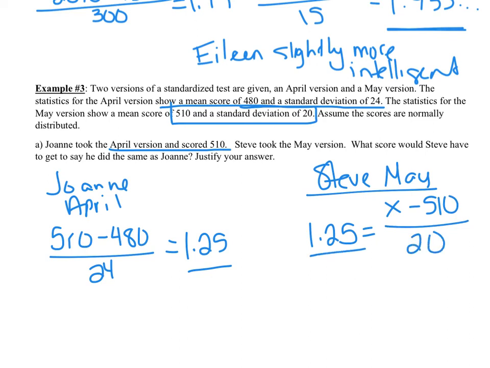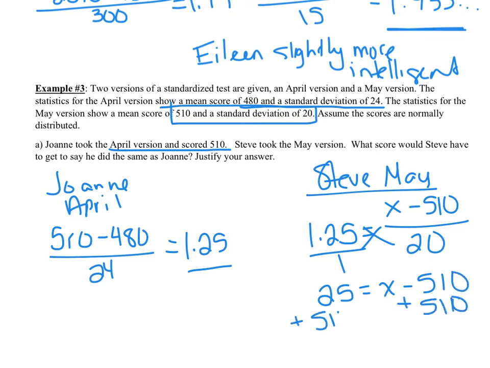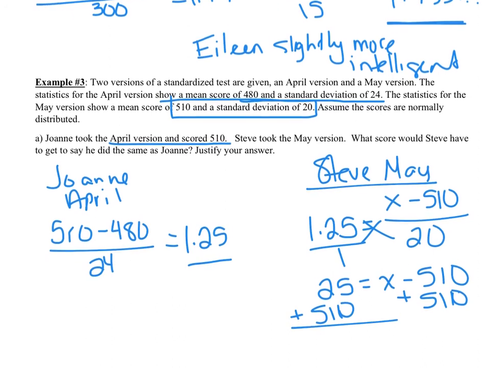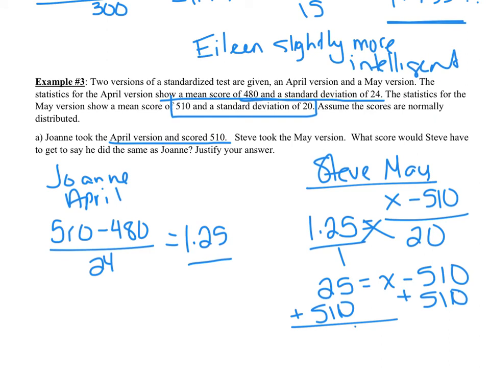The easiest route is just a little cross multiplying, and you get 25 equals x minus 510. And he should have to get 535 to get the same score, or in another way to say it, the relative same score, the same standard deviation, the same z-score. That's what he would have to get.